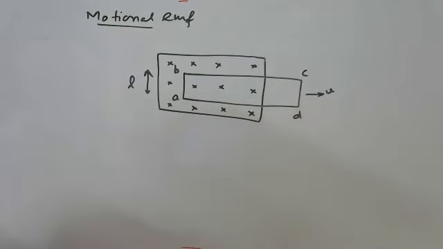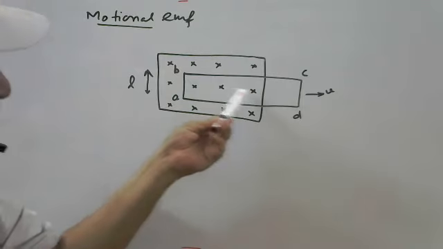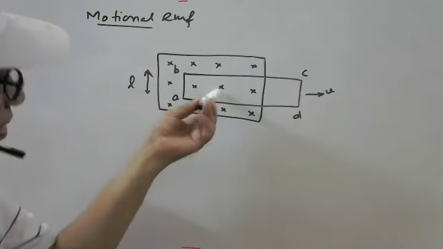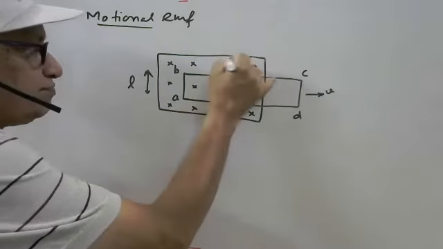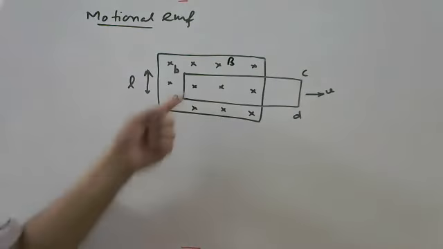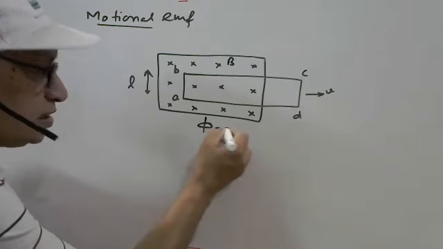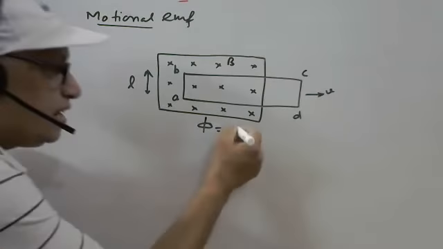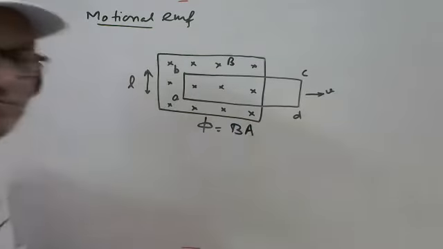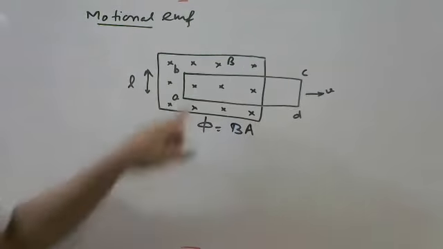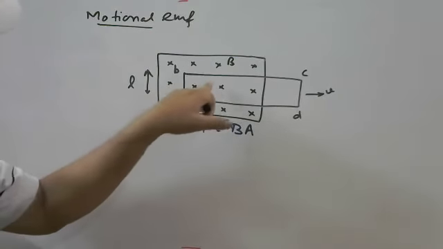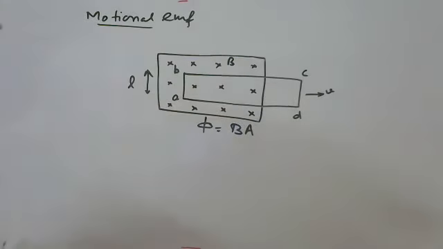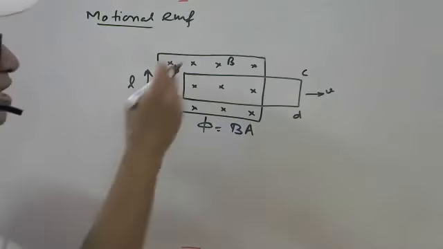As it is moving out of the magnetic field, B is inward. What is the flux here? Flux is given by BA cos theta. Suppose this is the magnetic field and this is the coil movement. The area vector, which is perpendicular to the coil, and the magnetic field vector are parallel.